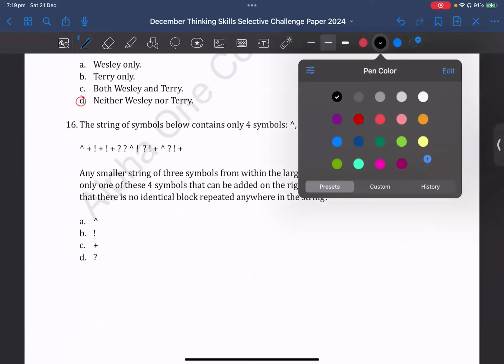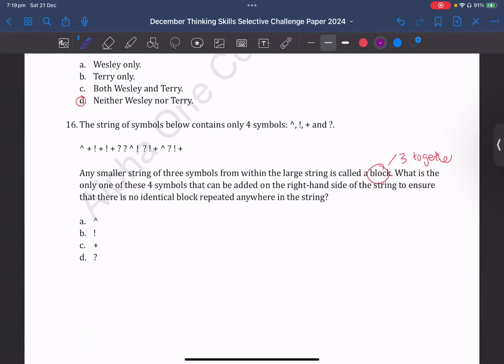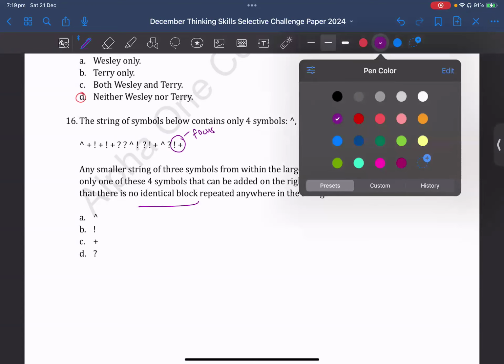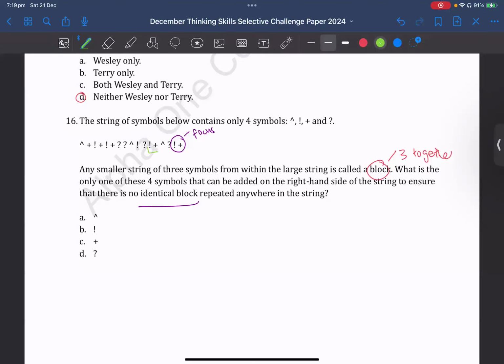Okay, so only one of these 4, we don't want an identical block, no identical blocks. And we want to add it on the right-hand side. So we really need to focus on seeing this anywhere else. So I'm looking through the paper and I see the exclamation mark and this.